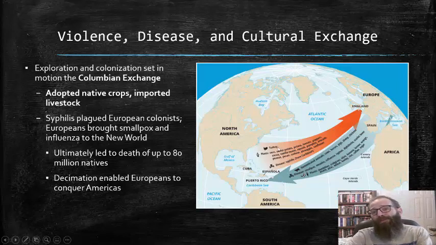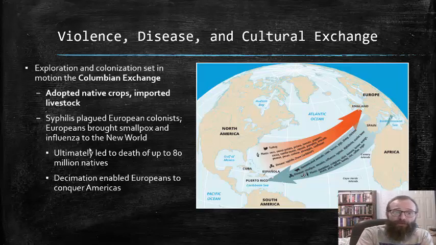One of the most profound effects of this exchange was the exchange of disease between the old and the new worlds. Syphilis particularly plagued the European colonists, but even more significantly, Europeans brought smallpox and influenza to the new world.